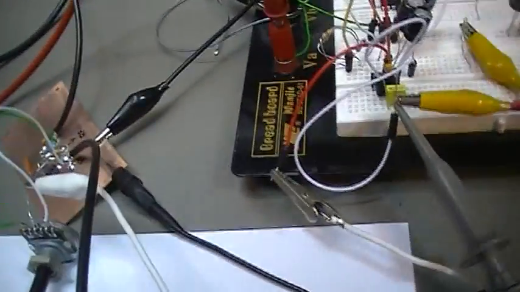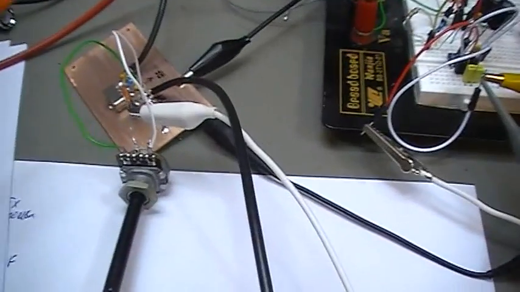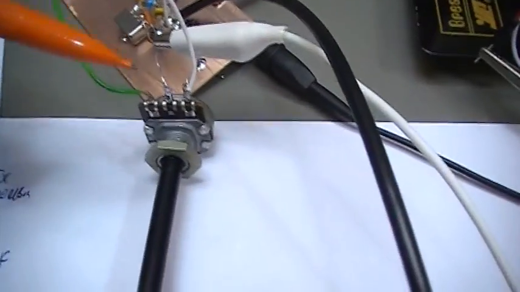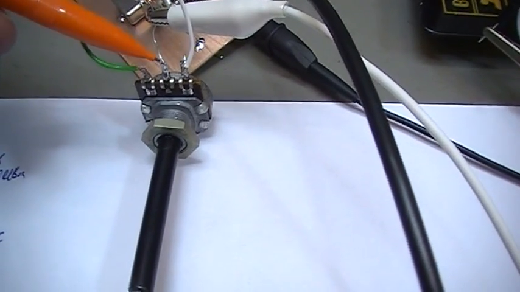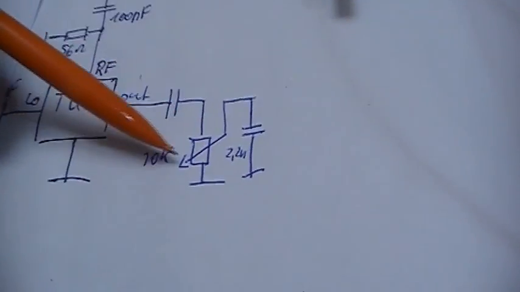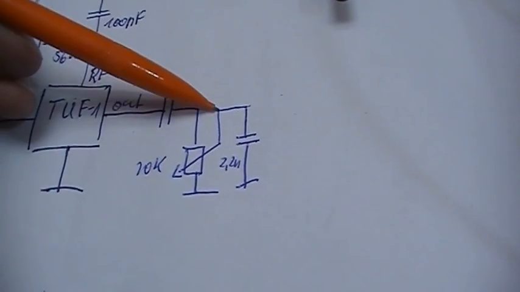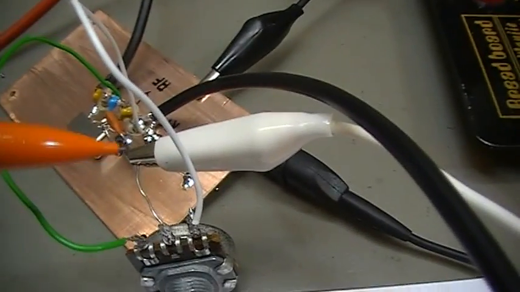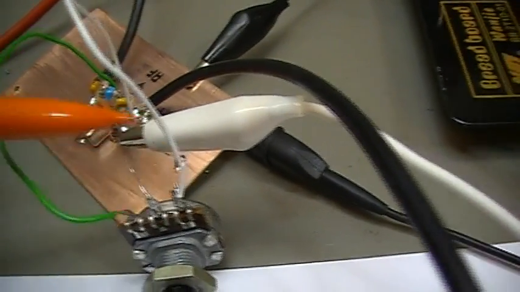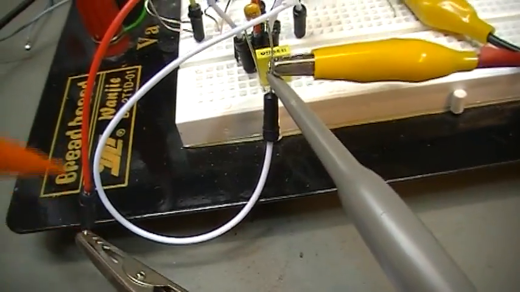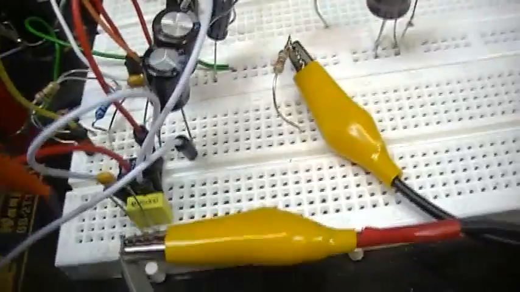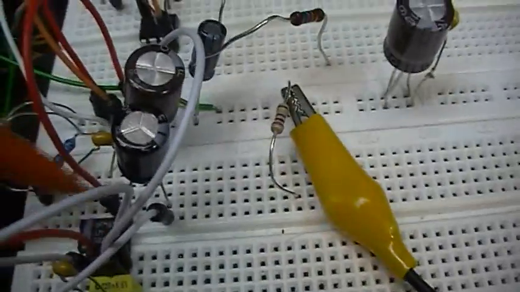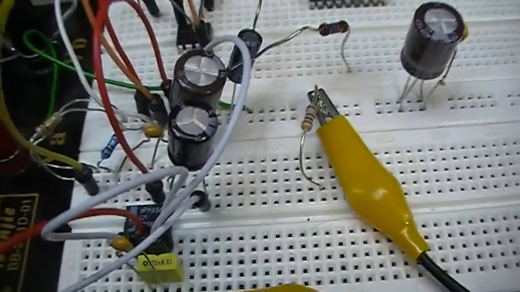Okay, so now I have connected it together. I set the middle of the potentiometer, which is here on the schema, to pick up the audio signal, and the white alligator clip is connected to it and to the input of our audio amplifier.